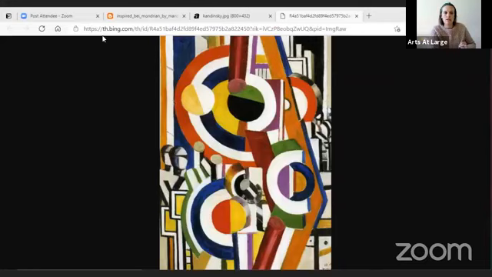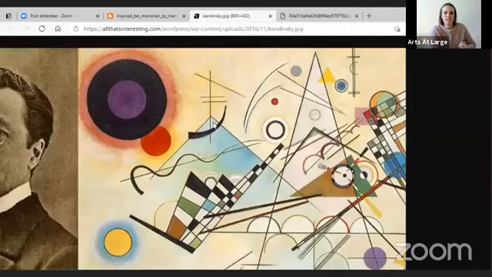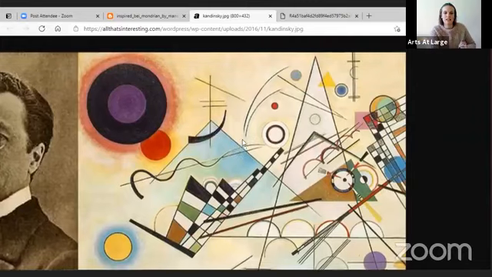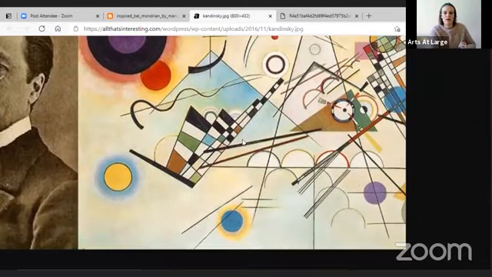All right. So we already looked at this guy, Kandinsky. We talked about these little arcs or curves, really either one. We're going to make some of those.